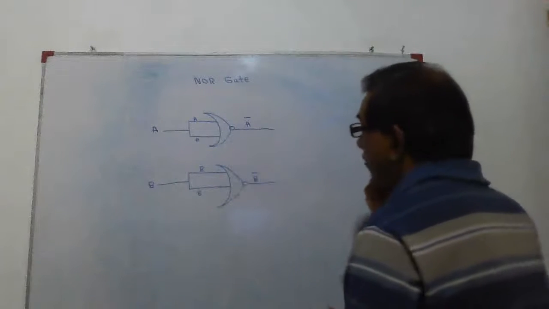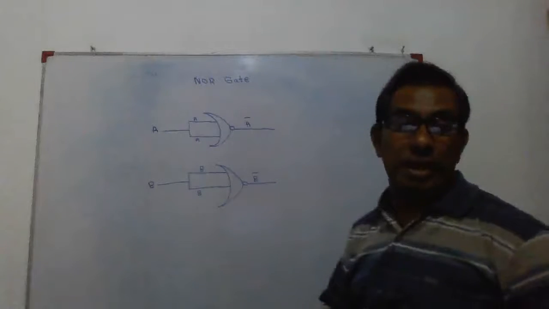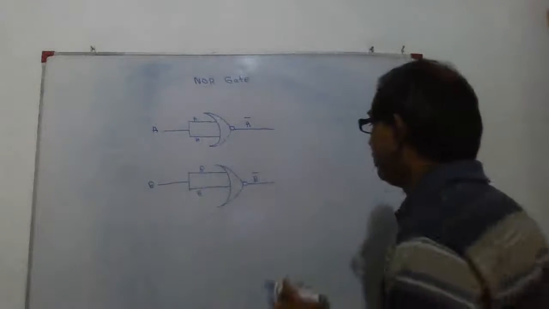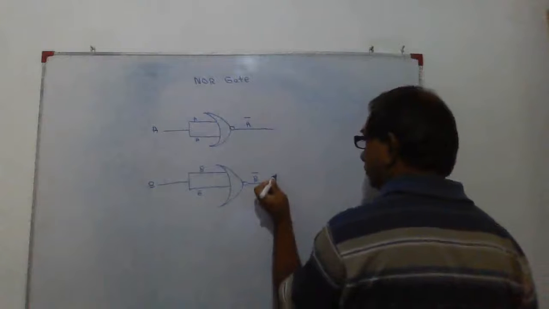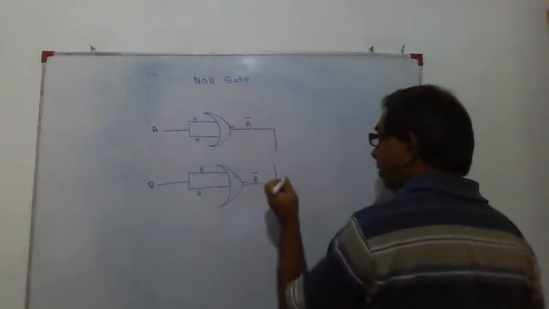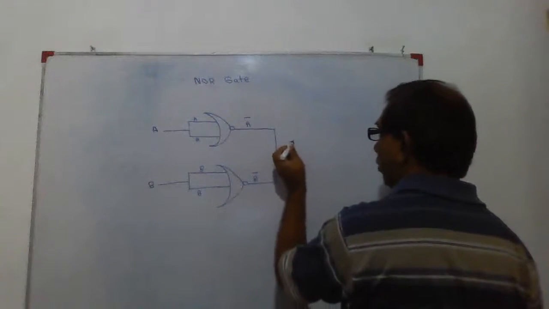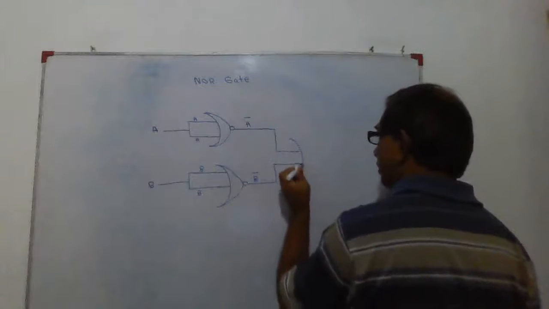Now we need the third one. Third NOR gate. Here we get the output from both gates and pass into another NOR gate, the third one.